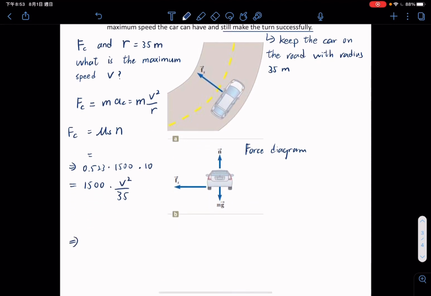And then we can get the value of this. V squared is equal to 5.23 times 35, and V is equal to the square root of 5.23 times 35.